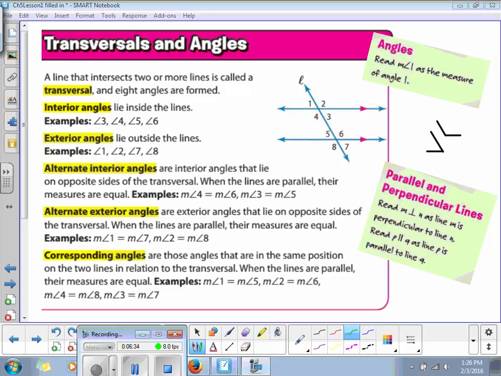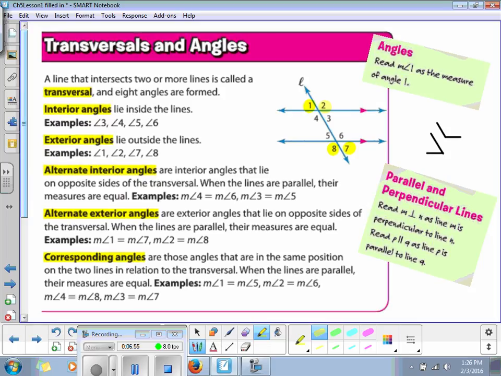So exterior angles are on the outside of the parallel lines. Which ones are exterior angles? 1, 2, 8, and 7. Those are the exterior angles. Now, the ones that are alternate to each other: alternate exterior angles are exterior angles that lie on opposite sides of the transversal.